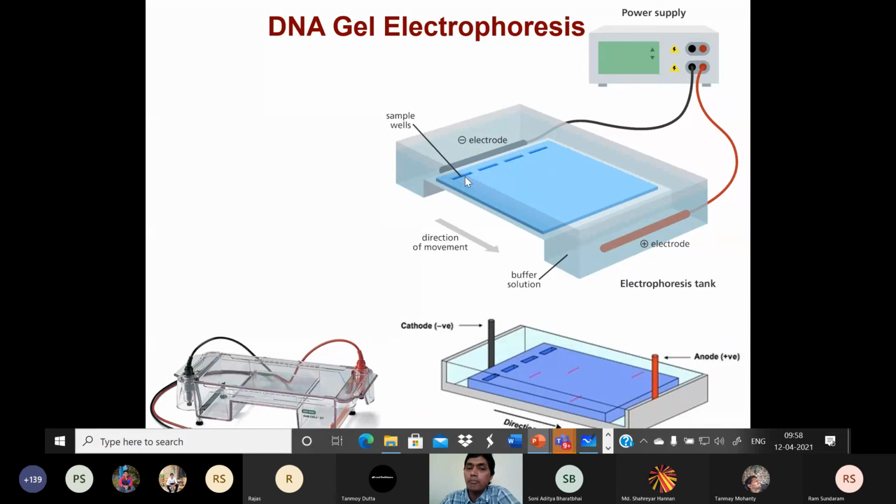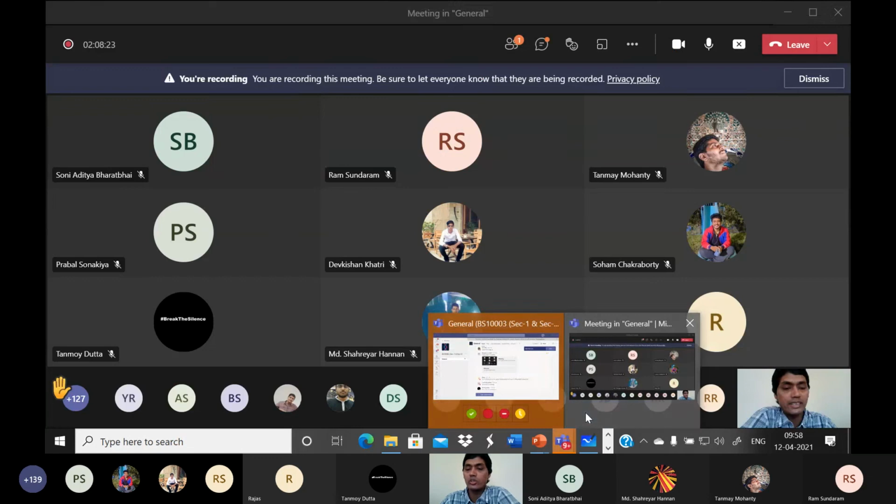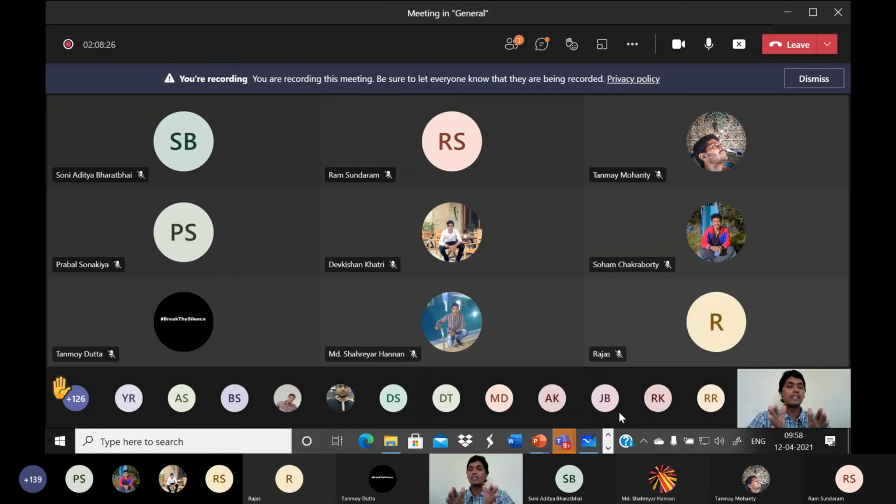I should mention how you make this gel. You boil the agarose in water. You need to add some salt, so that there is some buffer also, so that electrical conductivity will be better. You pour that into some cassette so that you get a particular thickness of this solid thing when it cools down.